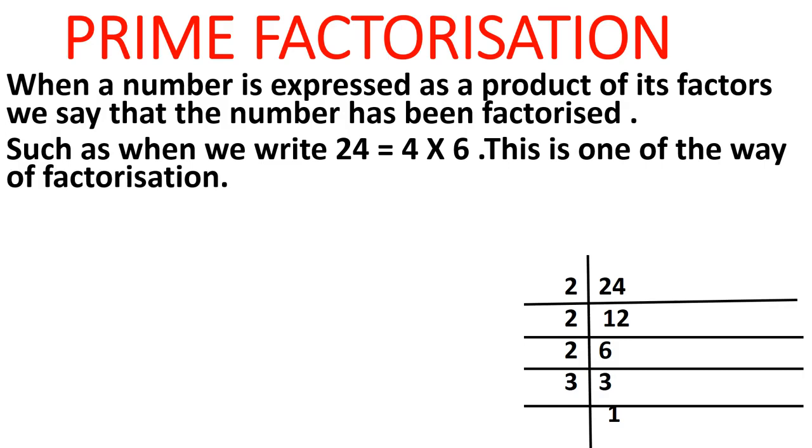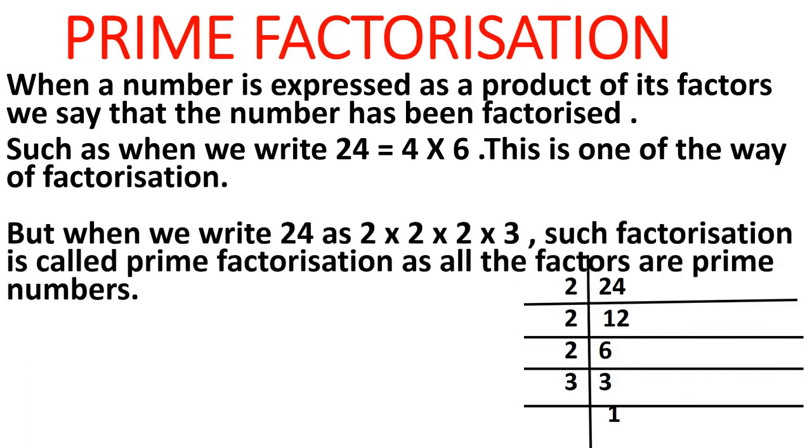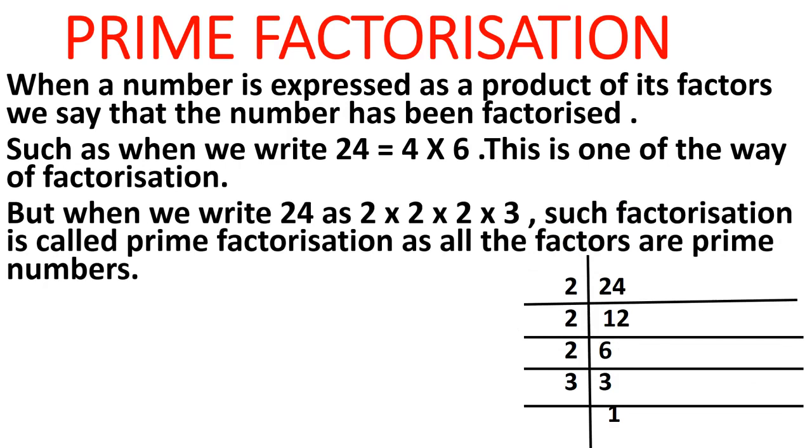But today we have to learn prime factorization. In prime factorization, all the numbers must be prime. Here 4 is not a prime number and 6 is also not a prime number. So we have to write down all prime numbers. See, I have made the prime factorization of 24. 2 ones are 2, 2 twelves are 24.